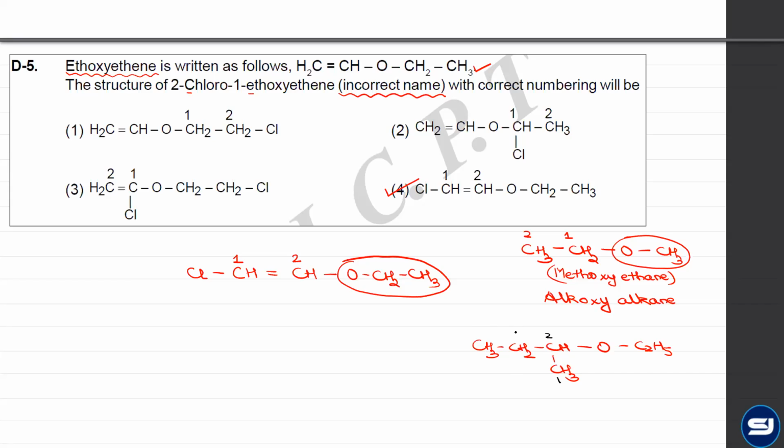And the numbering will be done such that the substituent gets the lowest possible number. So on the second carbon, there is ethoxy, and the parent is a 4 carbon, not 3 carbon. So it is 2-ethoxybutane. Understood? Yes, sir.